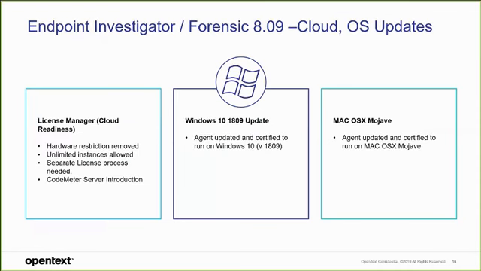Okay. At the same time, we took our license manager, which is a tool which allows you to issue forensic licenses as needed, and we removed the hardware restrictions associated with it. So now you can run unlimited instances of license manager, and there is no separate licensing required or cost upfront to you. You do need to start a new licensing process, which is extremely easy to do.